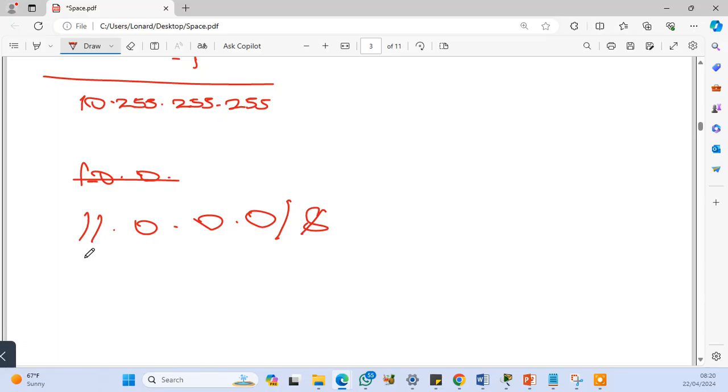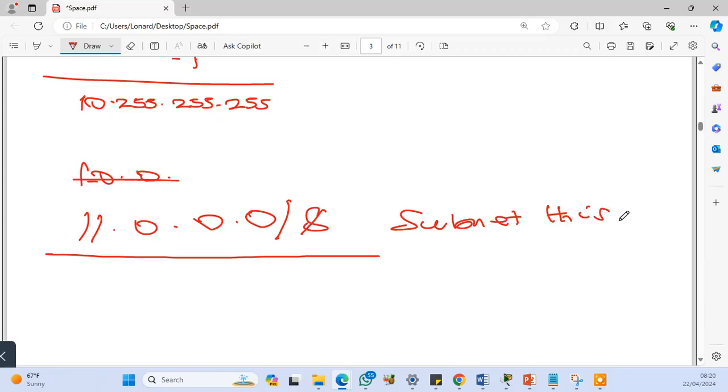But we would like to subnet this network into 4 equal subnets.